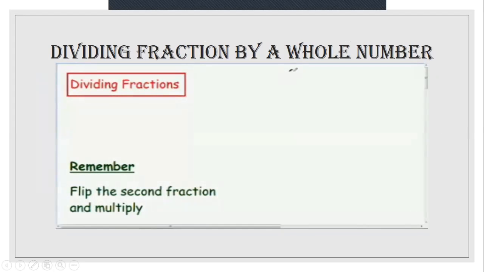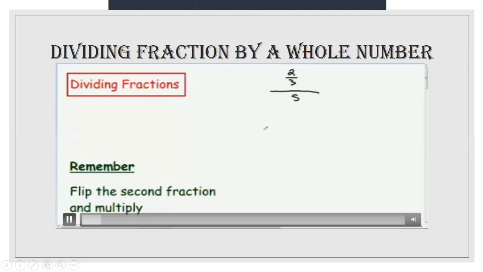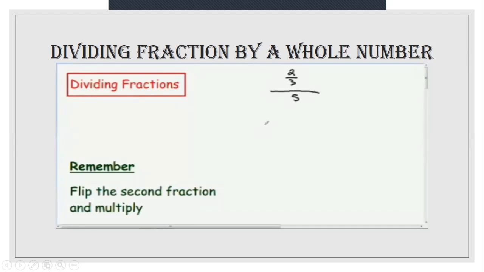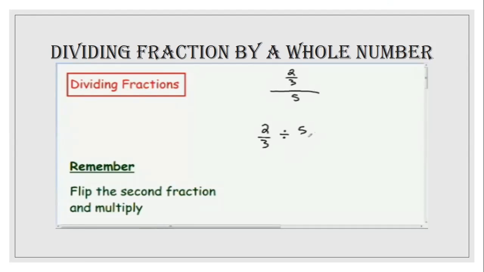Let's say we have 2/3 all divided by 5. This is exactly the same as 2/3 divided by 5. Many of you might get confused when you divide by a whole number, but that whole number is actually a fraction as well. The 5 can also be written as 5/1.